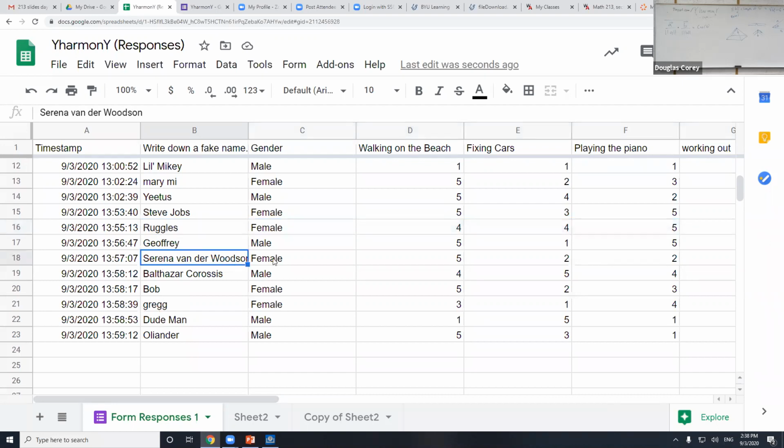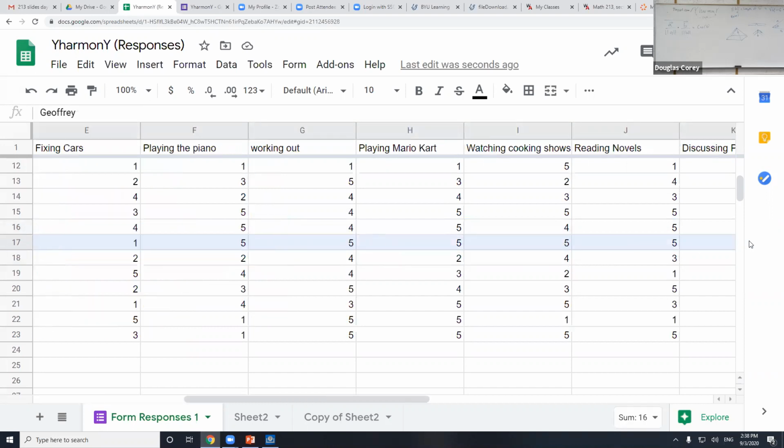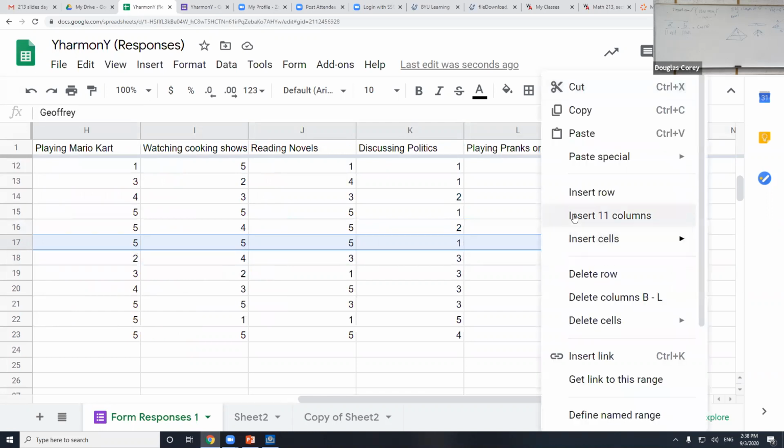Oh, you did it as a female. We better pick a male. Ian, did you do a male? Jeffrey. All right. Okay. So let's see how well Jeffrey matches up with Ruggles. See if Jeffrey wants a dog.